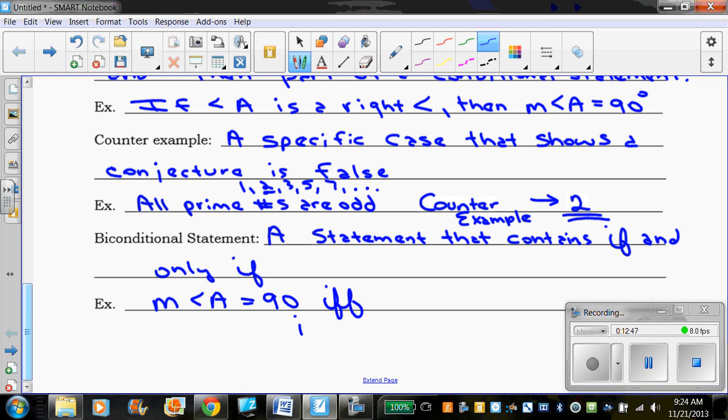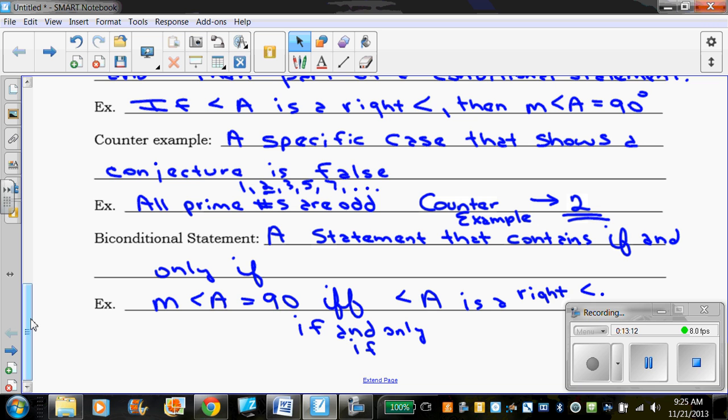So this right here is a shortcut saying if and only if. So a biconditional is where you take a conditional and a converse and get rid of the if and then and put an IFF in the middle, if and only if.